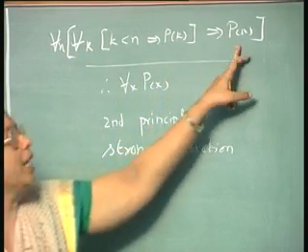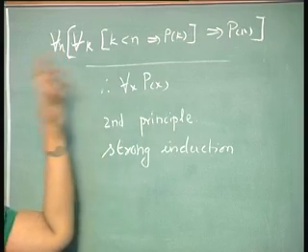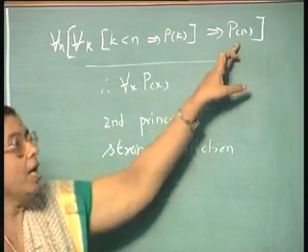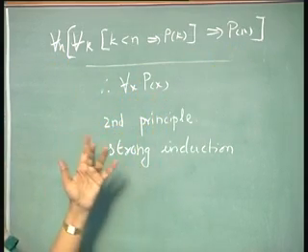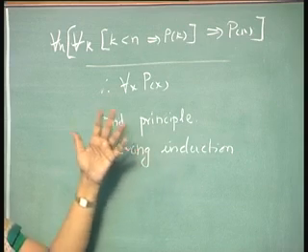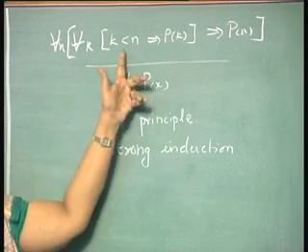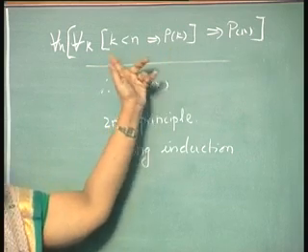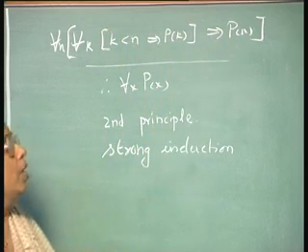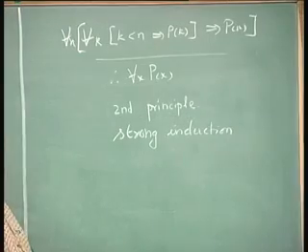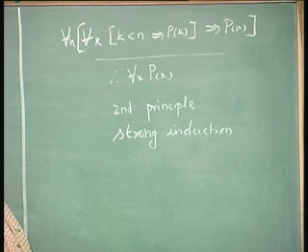Here, for proving Pn you assume P0, P1, P2, P3 up to Pn minus 1. For all k less than n you assume Pk, then all of them are used to prove that Pn is true. The induction hypothesis is stated in this manner.